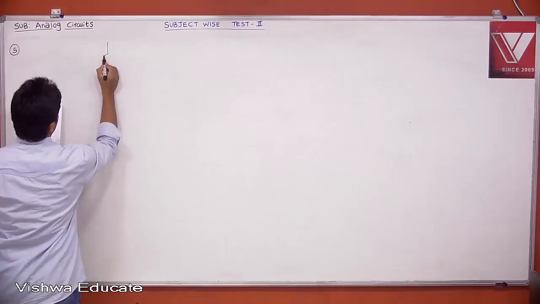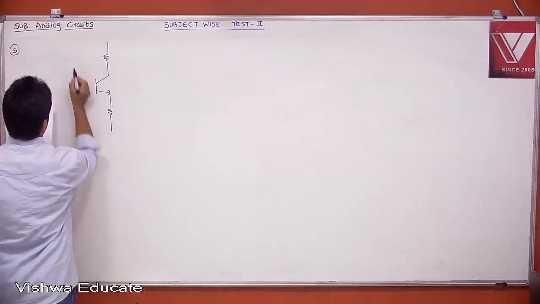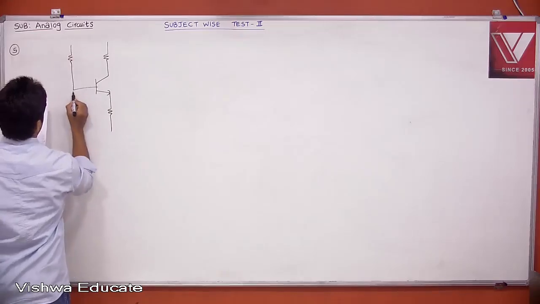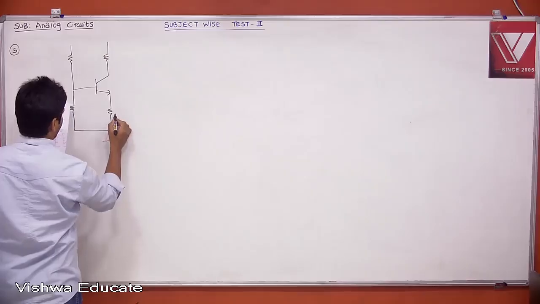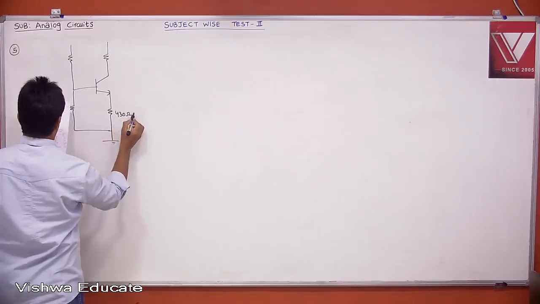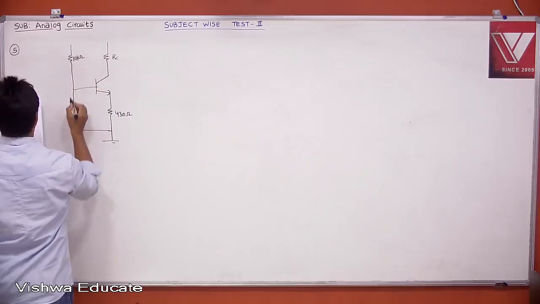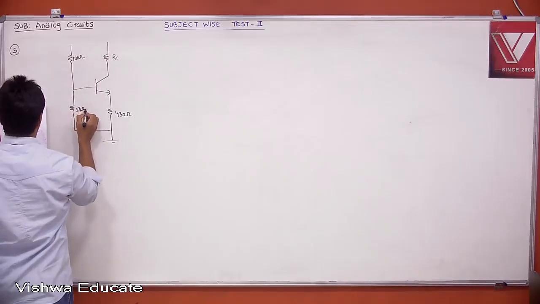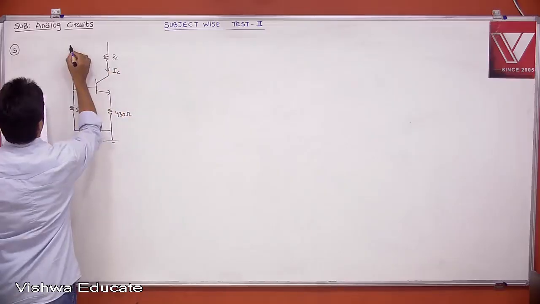Circuit is given. 430 ohm, RC 10 kilo ohm, 5 kilo ohm, then this is your IC and 15 volt.